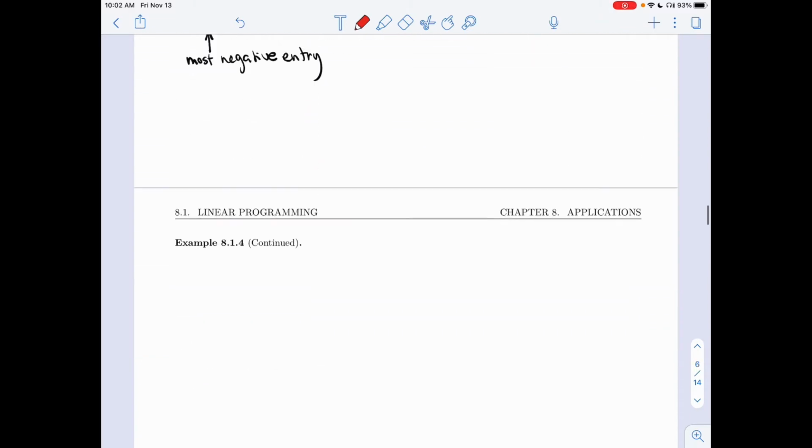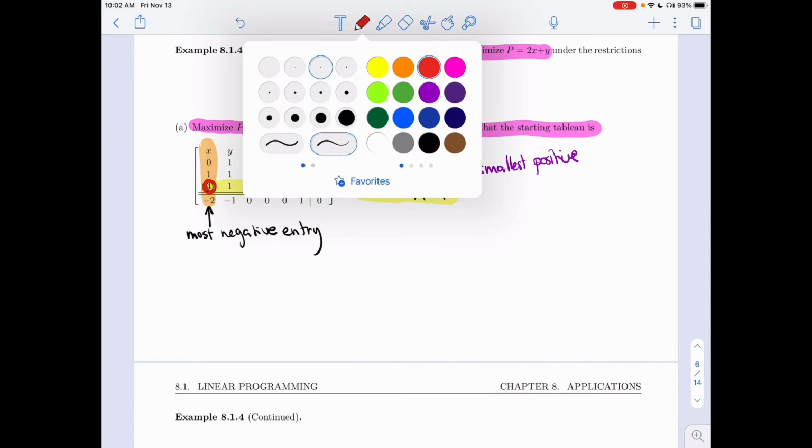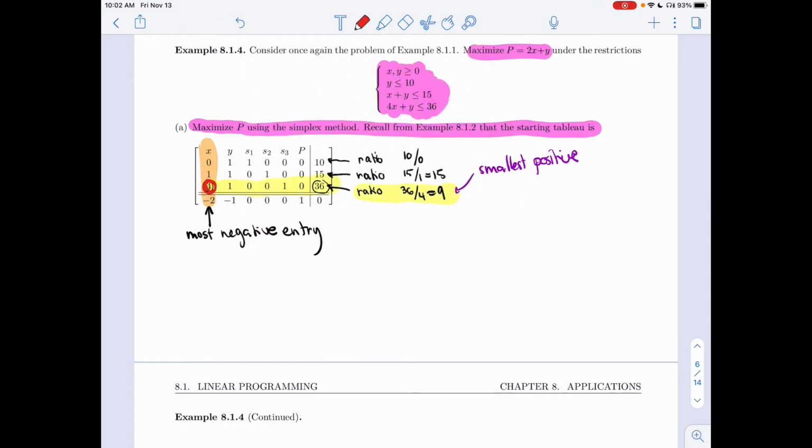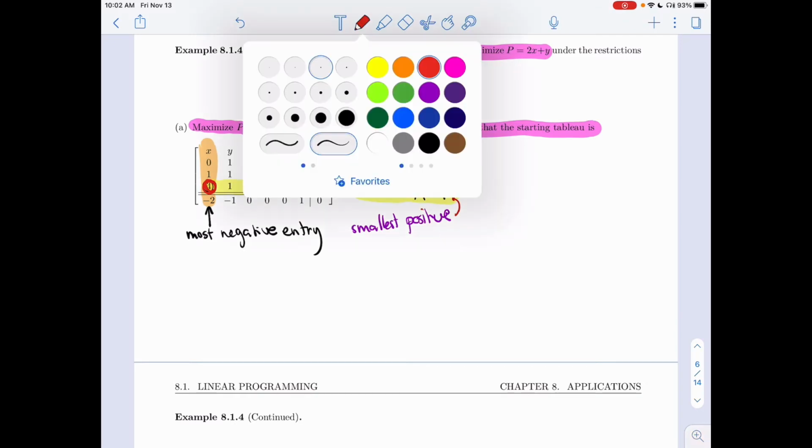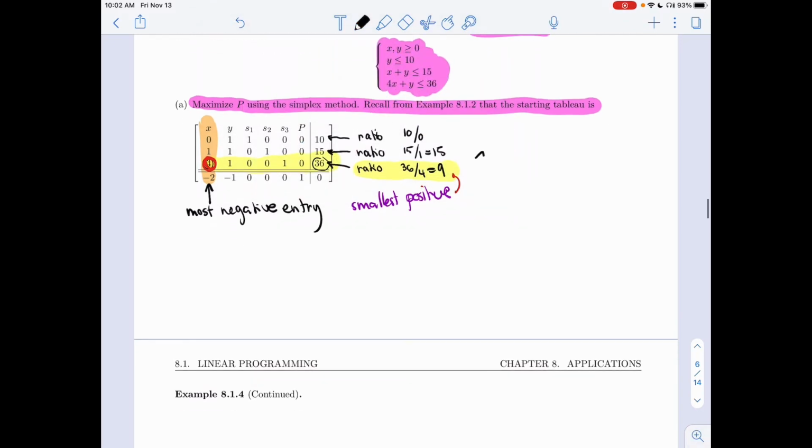That means I'm going to start by dividing that row by 4. So let me move this so I can write it here, up. All right, so I'm going to take row 3 divided by 4. So first row doesn't change, 0, 1, 1, 0, 0, 0, 10. And then I have 1, 1, 0, 1, 0, 0, 15.